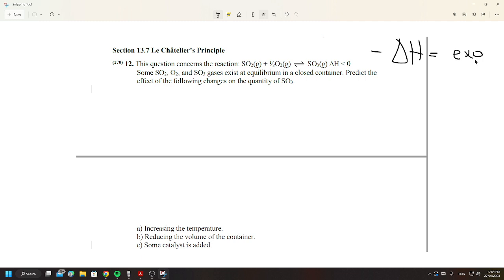Therefore we can rewrite this reaction to look like this, which I'm going to do because it's much easier to understand.